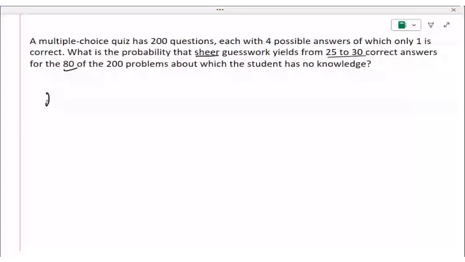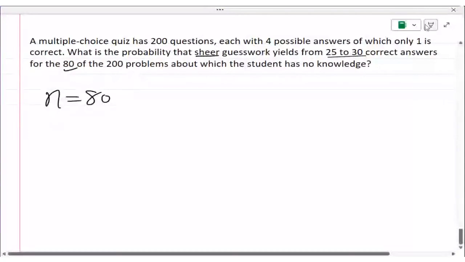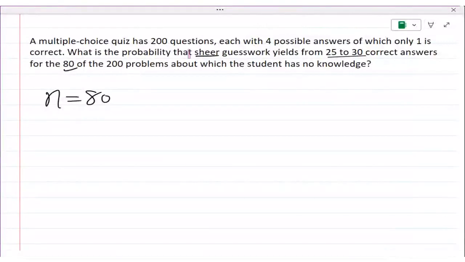The first mistake students do here is they take n is equal to 200. So you don't have to take this n is equal to 200. The reason is because the question asks what is the probability that sheer guesswork yields 25 to 30 correct answers for the 80 of the 200 problems about which the student has no knowledge.